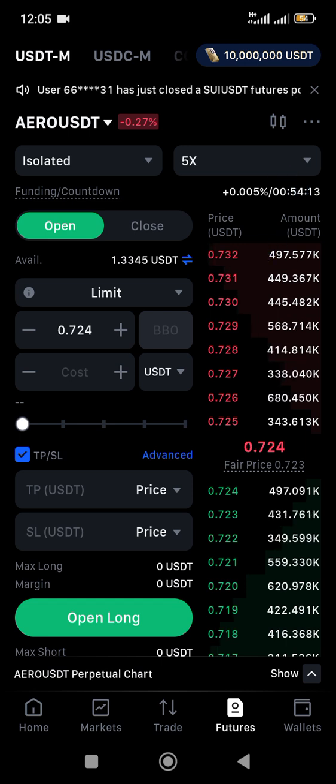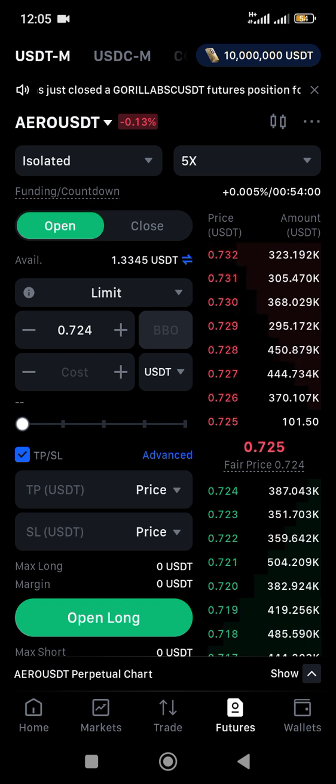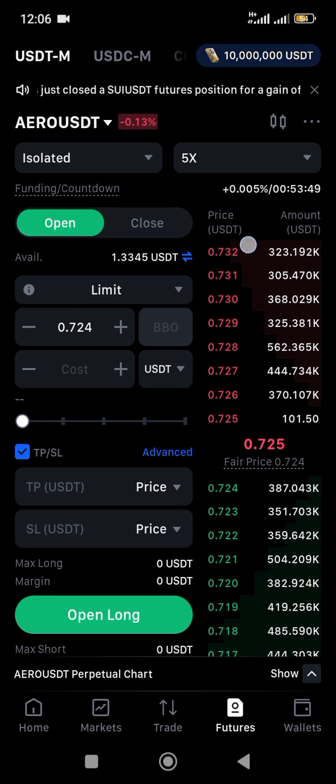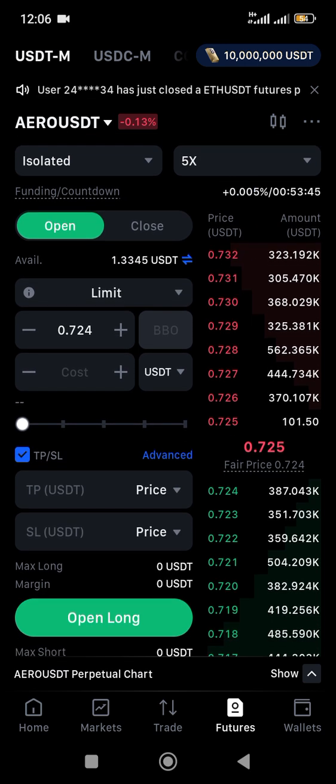I also made a video that explains everything about leverage and how to choose a leverage, how to select a particular leverage that suits a particular trade. So check out the video I made on how to use leverage. Watch it and you will understand all you need to know about leverage and how to set it up.